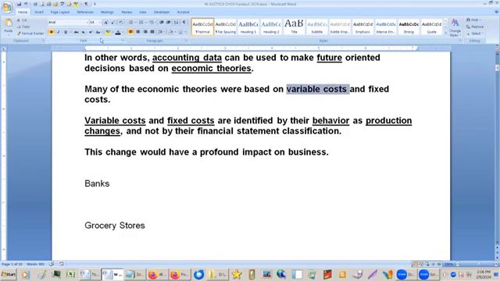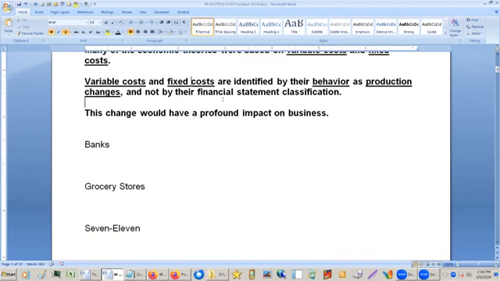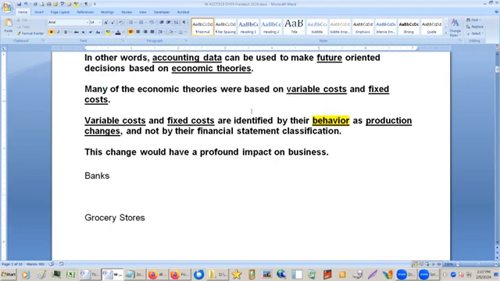And it's based on variable costs, which we'll talk about today, and fixed costs, which we'll also talk about today. And these costs are by behavior, not by what they are. We'll talk about that in a second. So it is a different way of thinking. It is how the costs behave as production increases, basically, is what we look at.